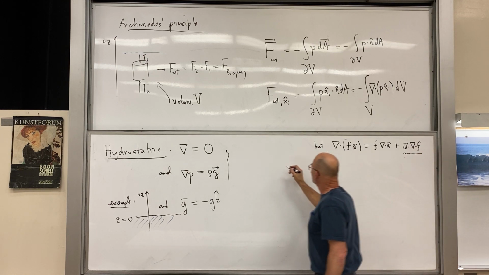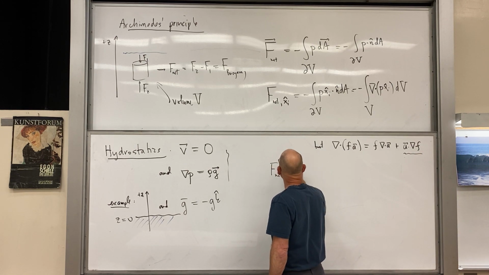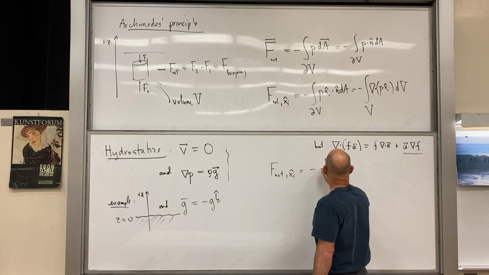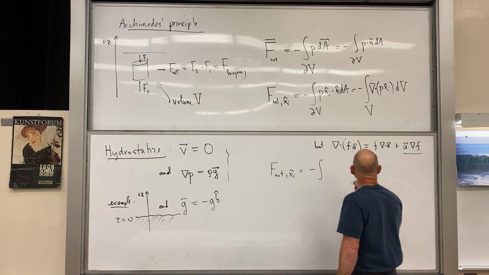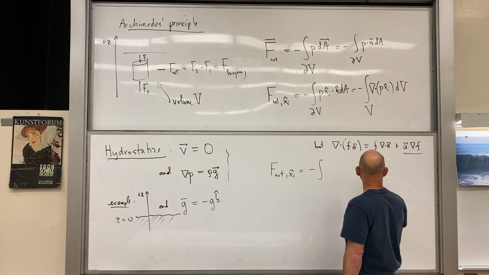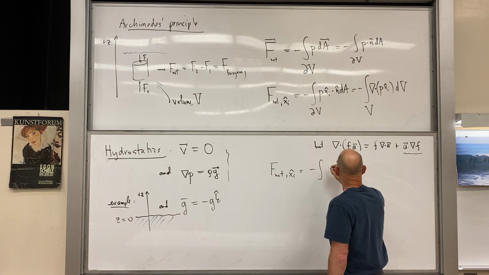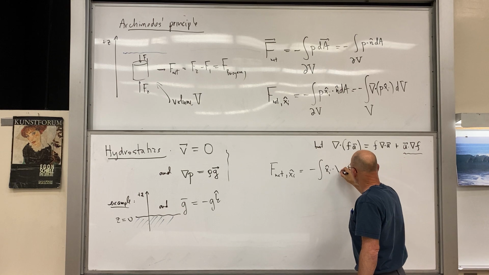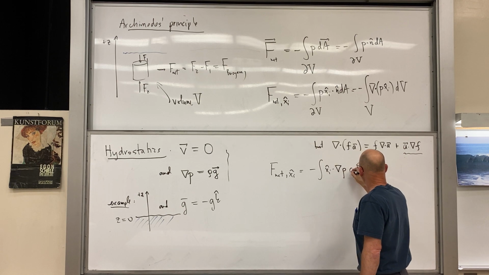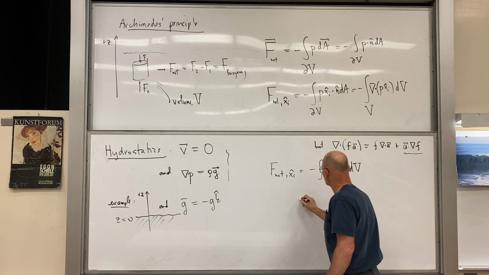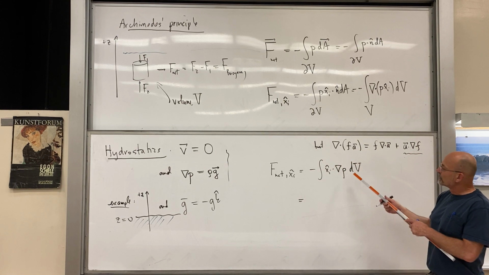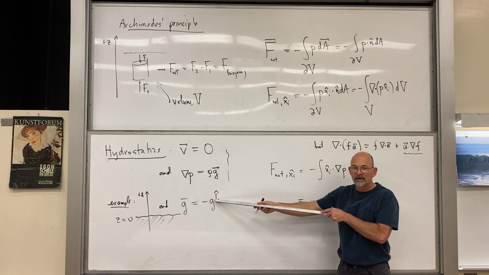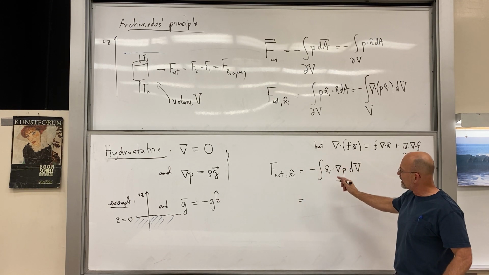Okay. So F net x sub i hat is going to be minus the integral x sub i hat dotted into the gradient of the pressure d volume. And the gradient of the pressure, remember, it only had an x component or a z component, so only one of these is going to be non-zero.